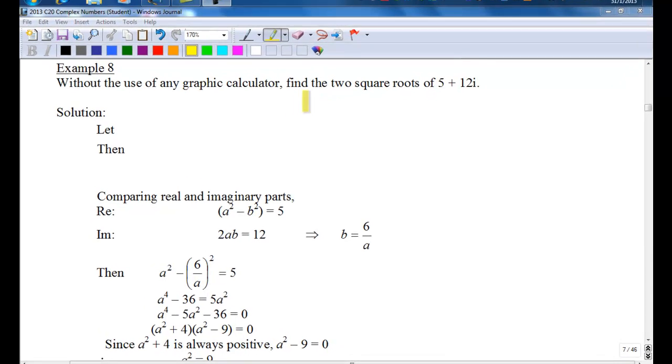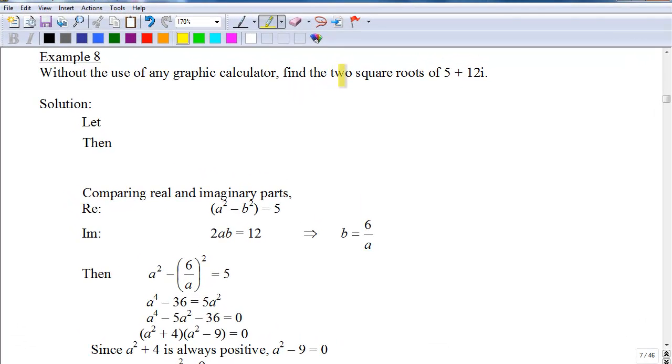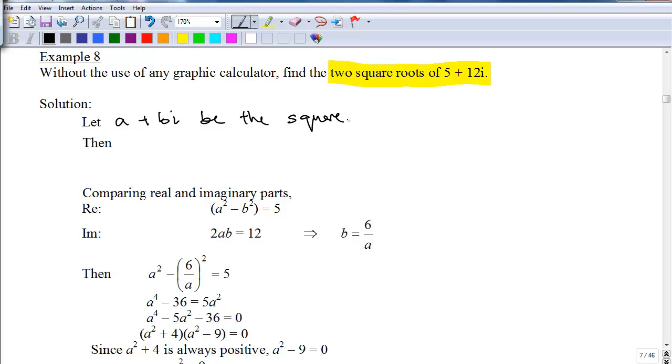The question wants you to find the two square roots of the number 5 plus 12i. What I'll do first is define the square root. Let a plus bi be the square root of the number 5 plus 12i.